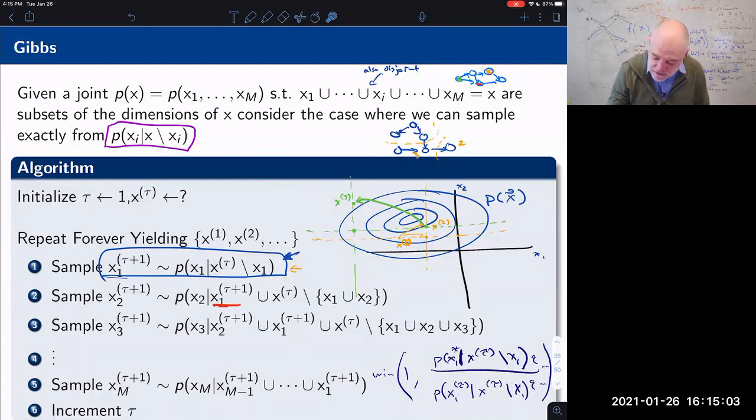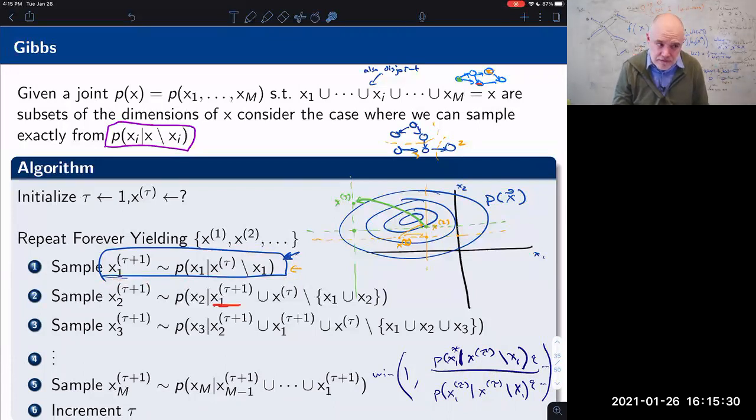The only thing that it's missing is the normalization constant associated with the value of all the other variables. But that happens to be the same for both of these conditionals. So those cancel. So all we have to do is evaluate the terms from the joint on top and bottom, and we can run a Metropolis Hastings kernel to get a sample from this conditional distribution.